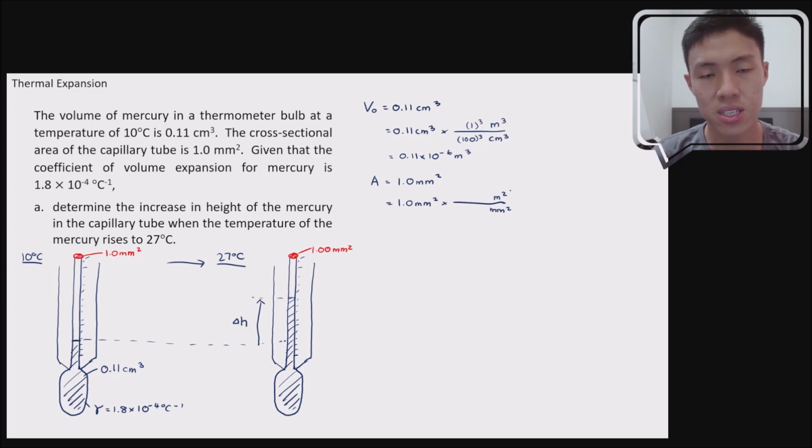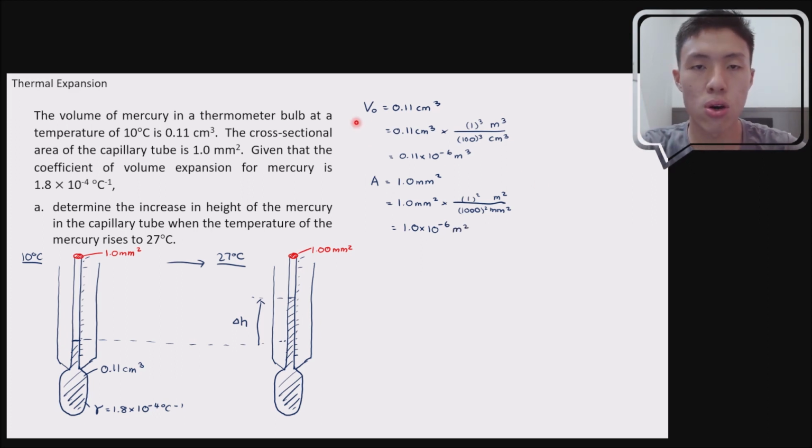All these things are squared. 1 meter is equivalent to 1000 millimeter, so you need to square it on both sides of the fraction. Then you are able to get the area to be 1.0 times 10 to the power negative 6 meter square. So that is your original volume and your cross-sectional area converted to SI unit.